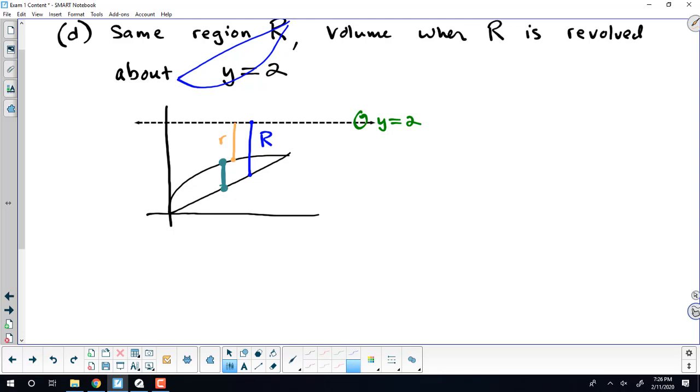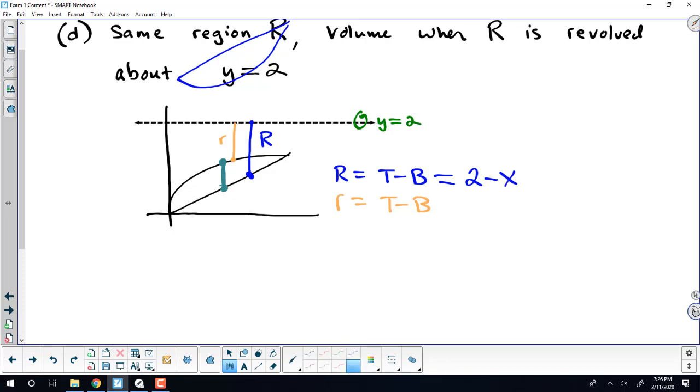Okay, we find them the same way still though. Capital R, top minus bottom. Lowercase r, top minus bottom. So this capital R now is 2 minus this function, which was x.